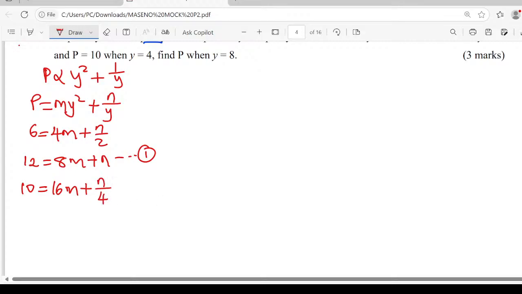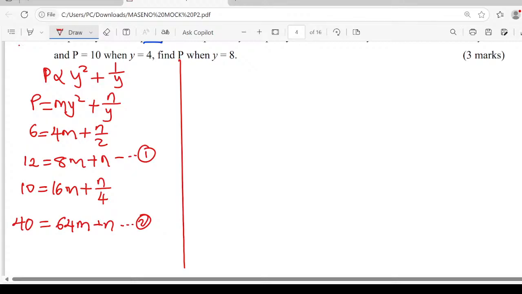I can remove this denominator by multiplying each item here by 4, whereby I'm now going to get 40 equals 64m plus n. This one here is going to become my second equation. Then we can solve the two equations simultaneously.